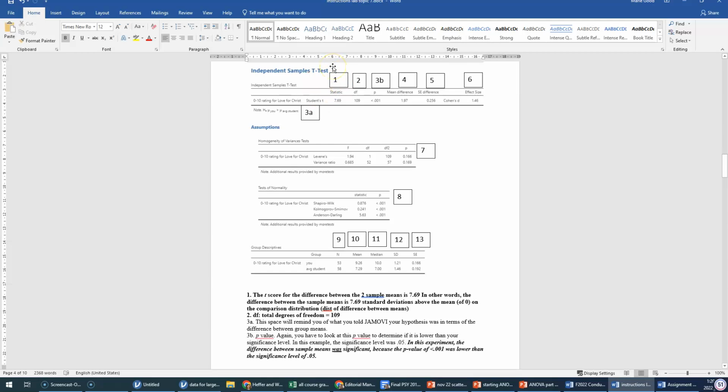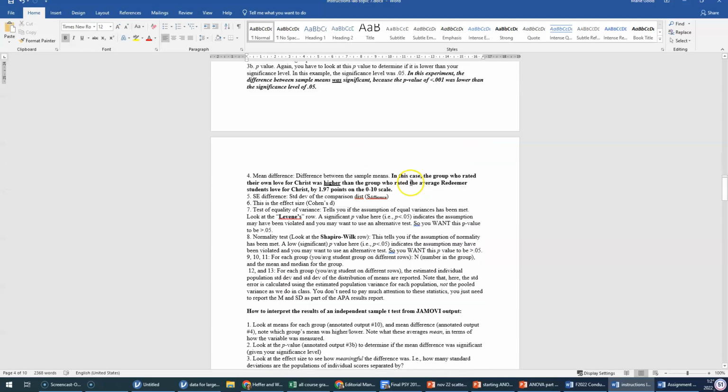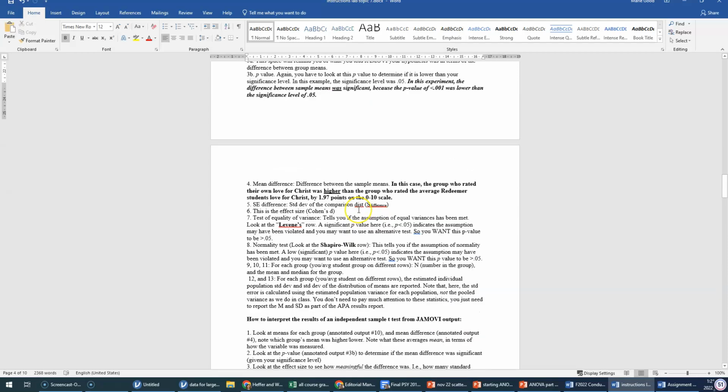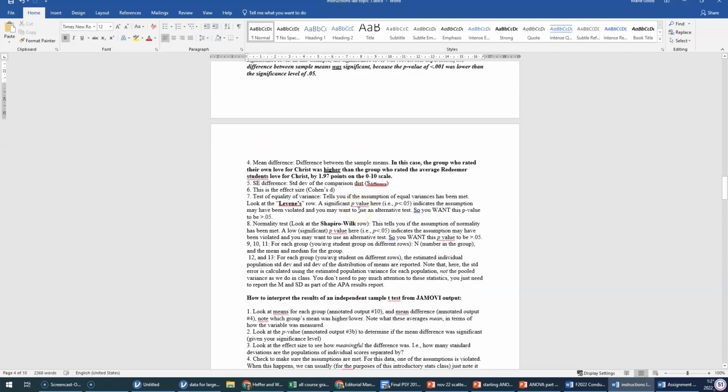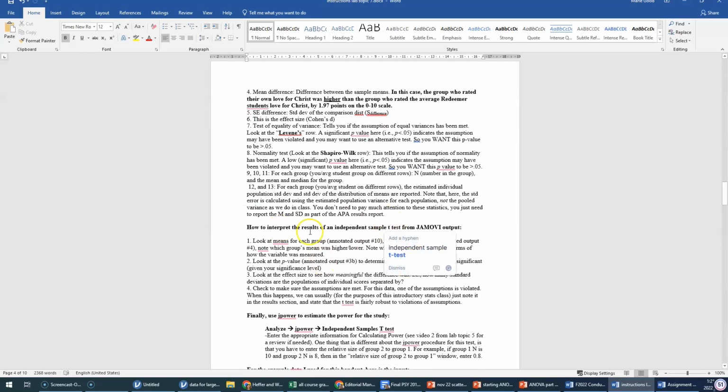This is what we would figure on step 4 if we were doing it by hand: how many standard deviations from the mean is our sample result on the comparison distribution. We've got degrees of freedom, p-value, mean difference, all of it is there. I encourage you to read over all of the annotations to make sure you have a handle on this output. I'm not going to go through it on the video here. It would be very boring, but please read it over on your own time.